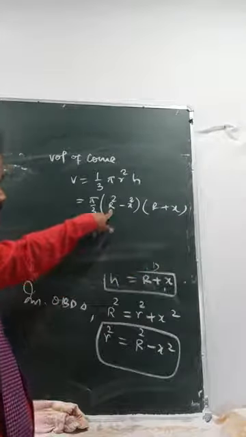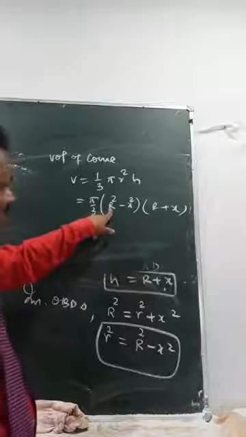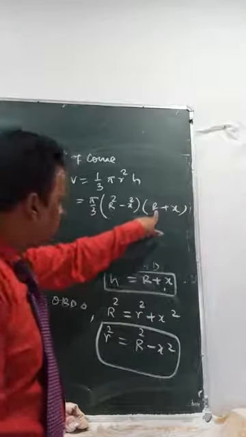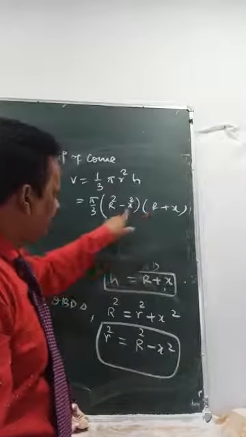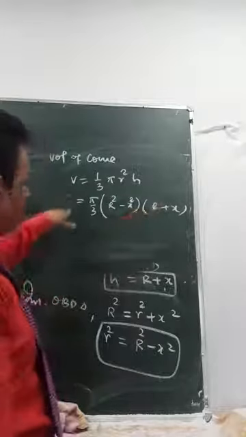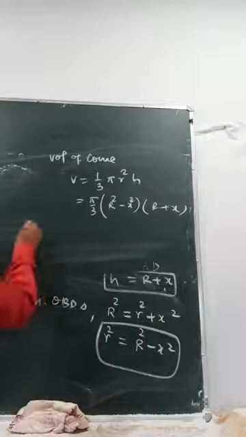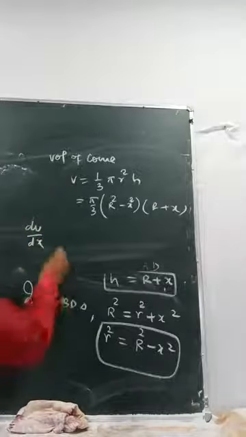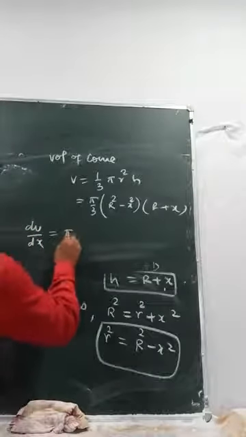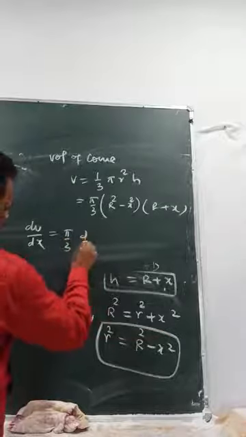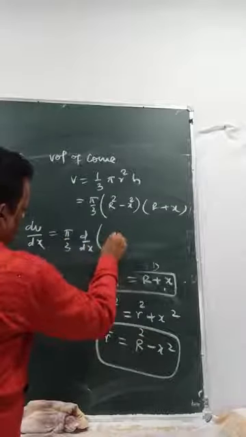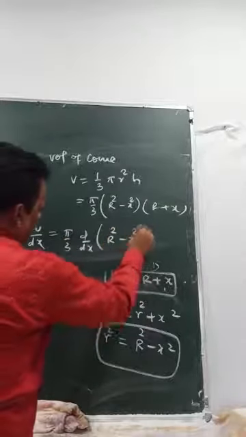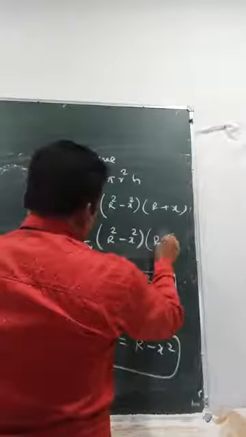This is radius of sphere given, so this is constant. This is constant. That means variable is x. So you have to find dV by dx. So what will be dV by dx? Now that is pi by 3 constant, d dx of R square minus x square into R plus x.